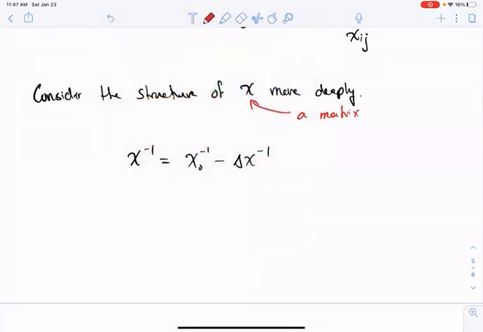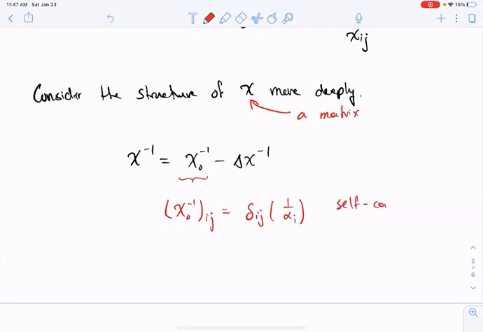Where chi naught inverse is the component along the diagonal of this chi matrix. So the ith jth element of chi naught inverse is equal to a delta function, so it exists only on the diagonal with some size, call it 1 over alpha I. This reflects self-correlations.